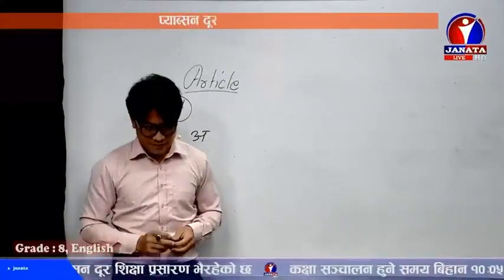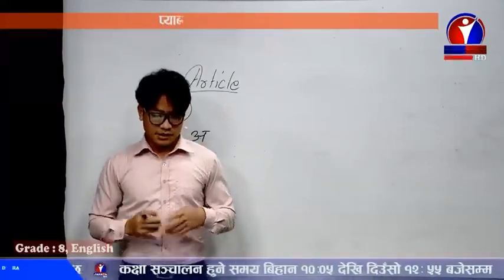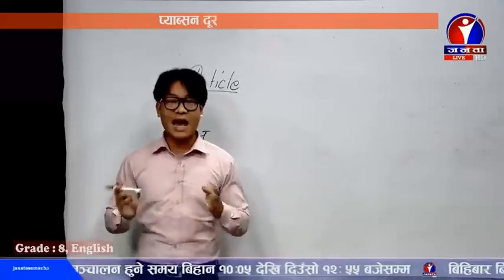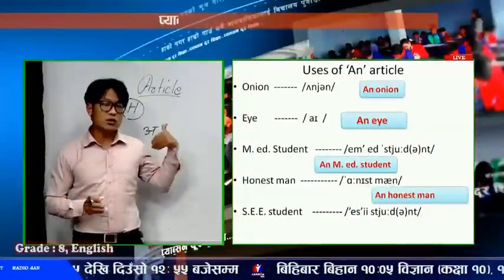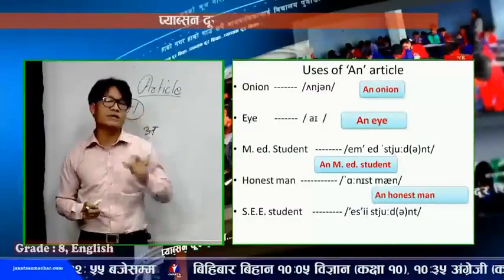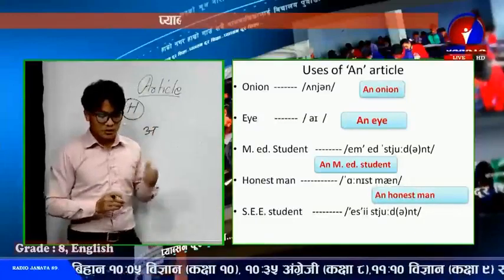We have another example, SEE student. This is a question mostly asked in the examinations. Here also S is a consonant letter, but we are not going to use the article according to the letter.